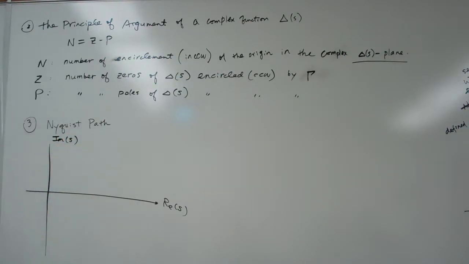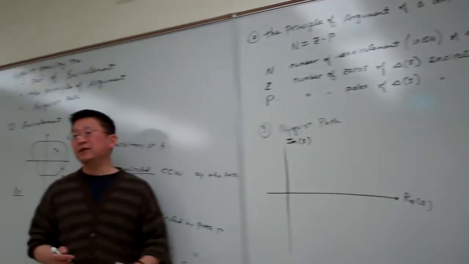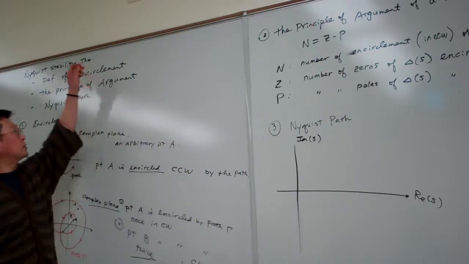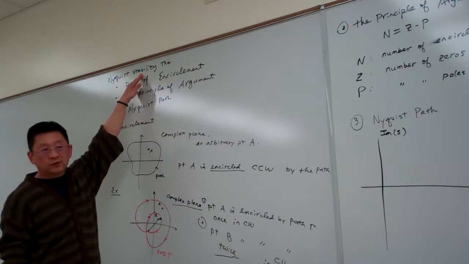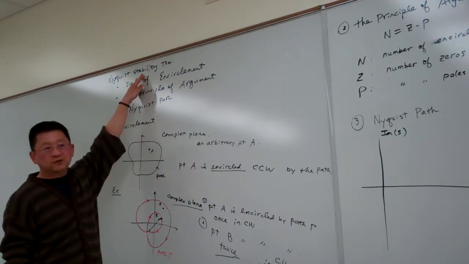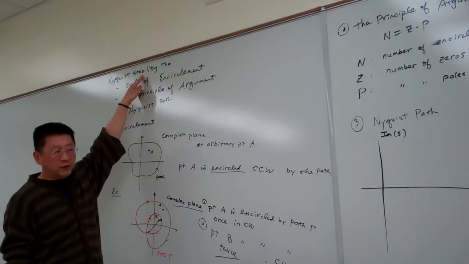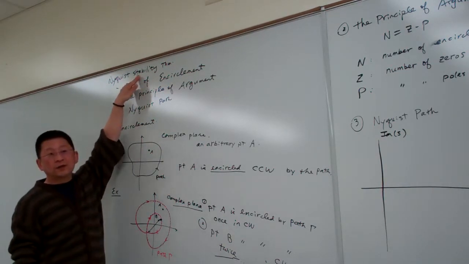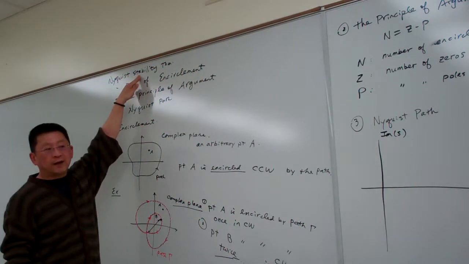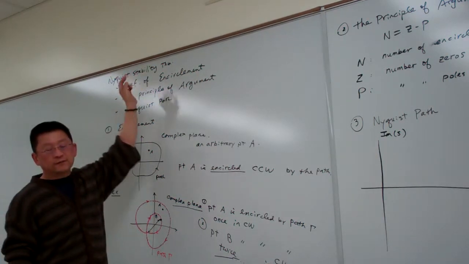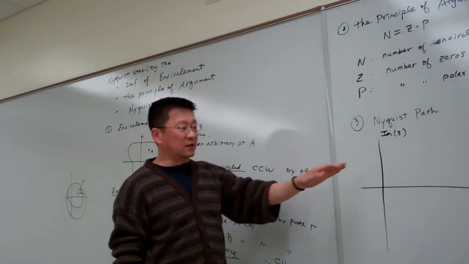Because our concern for the Nyquist stability, or for stable control systems, is this: given any characteristic equation, whether there are any zeros of the characteristic equation on the right-hand side.